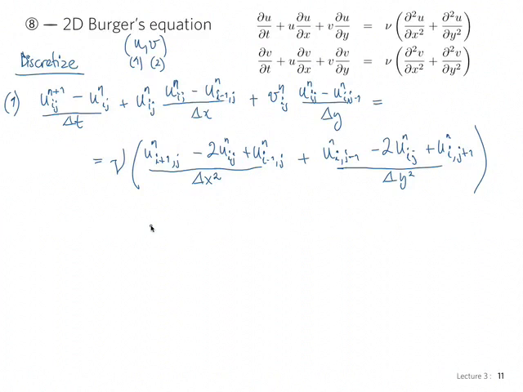And the transposed form, well, we just want to isolate the only unknown. For the second equation, our only unknown is going to be v at n plus 1 ij, and we can isolate that by multiplying by delta t and moving everything to the other side, and we have our second equation.